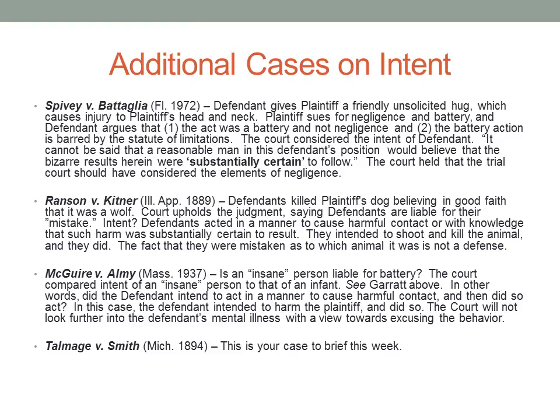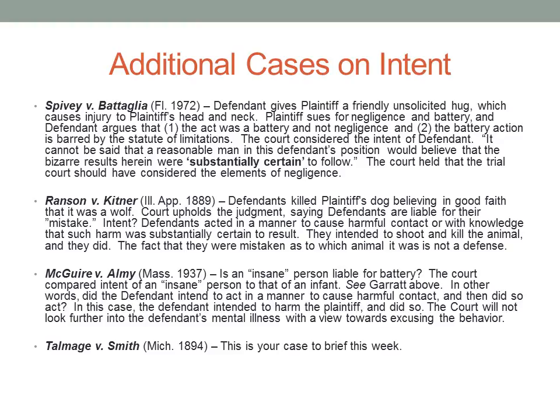So the issue here, as the court would say, is: is an insane person liable for battery? The court looks at the intent of the insane person, sort of similar to that of an infant. See the Garrett case above. In other words, did the defendant intend to act in a manner to cause harmful contact, and then did so act?